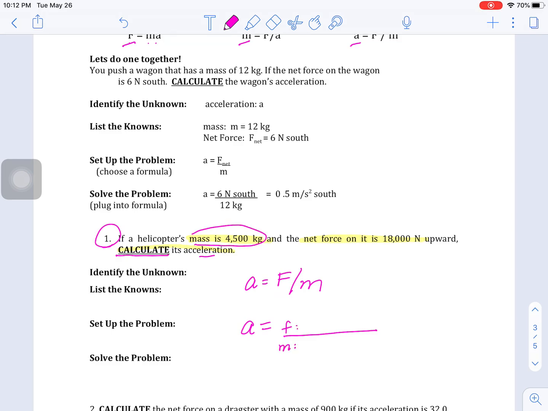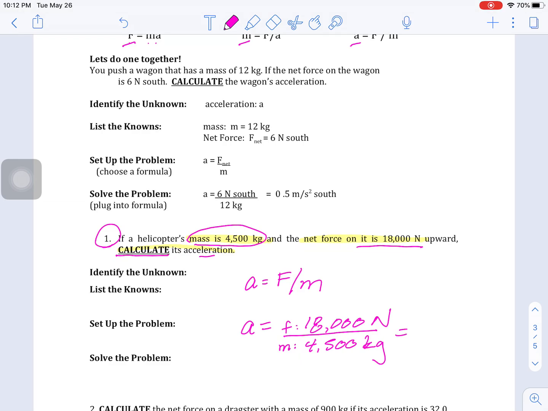So here my mass is 4,500 kgs and my force is 18,000 newtons. And then I'm going to plug that into the calculator. Again, you'll have a calculator available both on the homework check and the quiz.